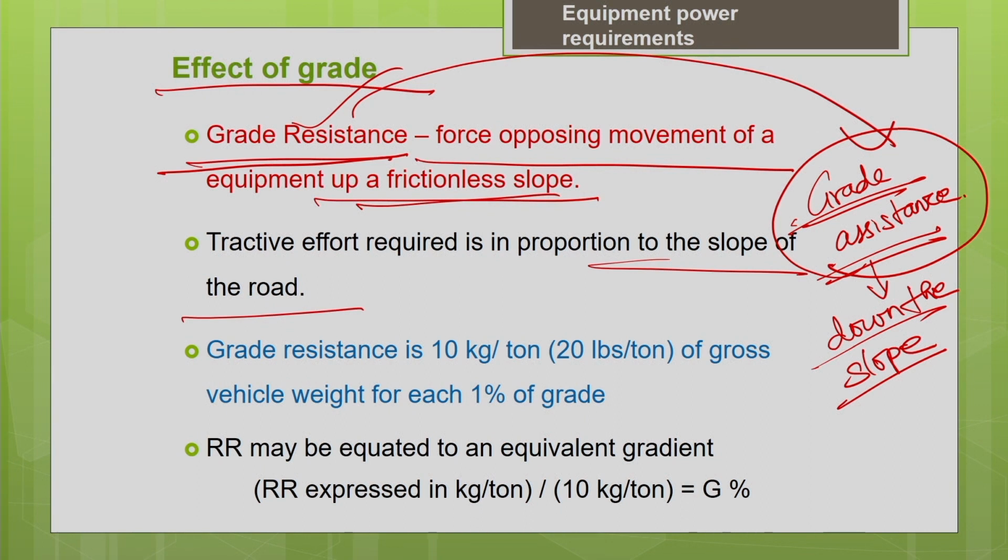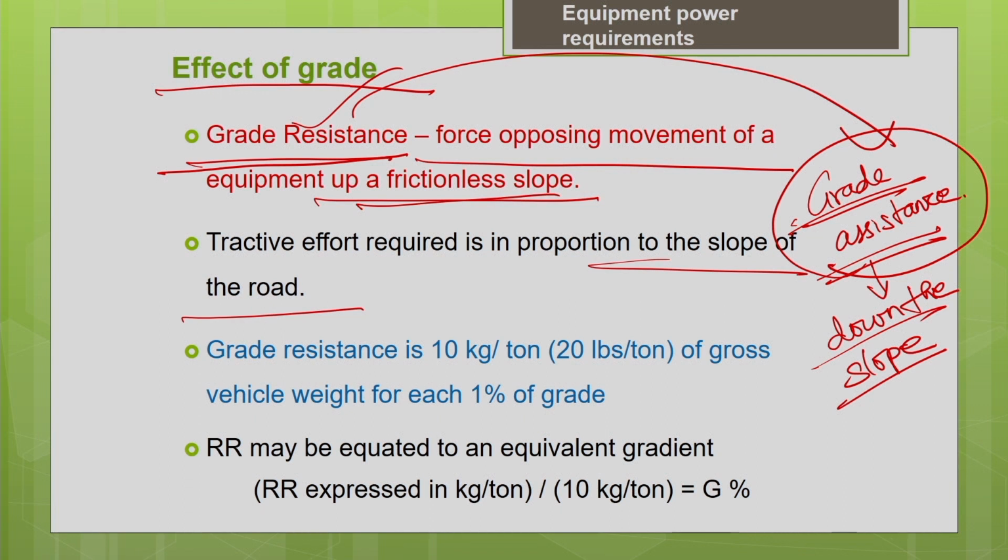So, now let us look into the grade resistance. As I told you, the amount of tractive effort needed to overcome the grade resistance will depend upon the percentage of the gradient, or the slope percentage, or the steepness of the slope.